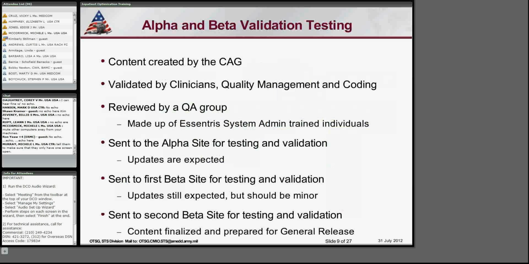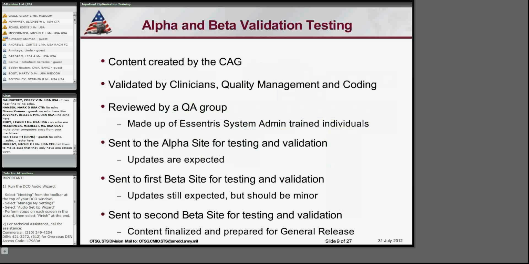So for alpha and beta testing, some of you are familiar with this because I see names of folks at facilities where we have done either alpha or beta testing. I can tell you right now, actually the only facilities in the Army that have any content, well, first of all, the only content that has been released as general release is the chaplain content.